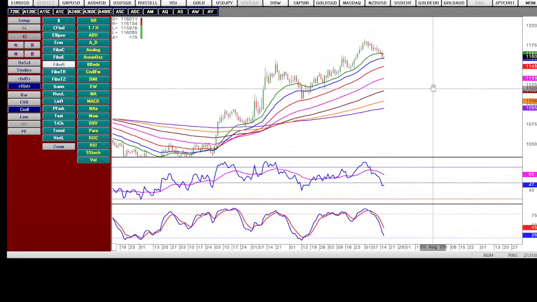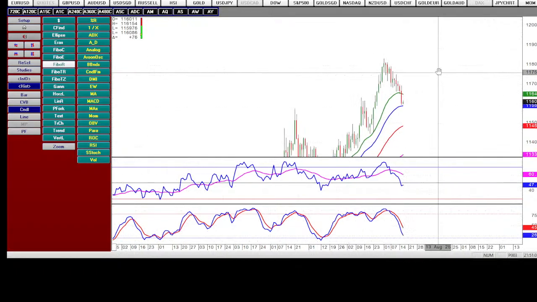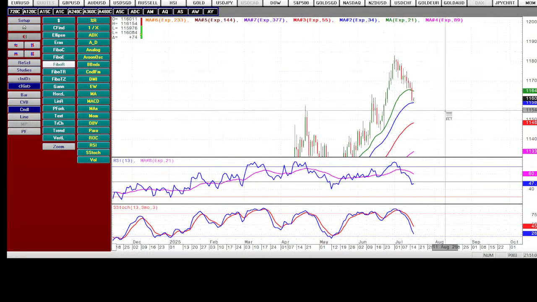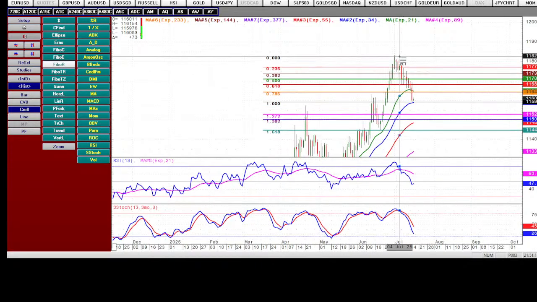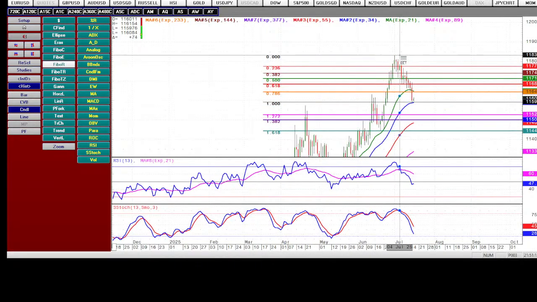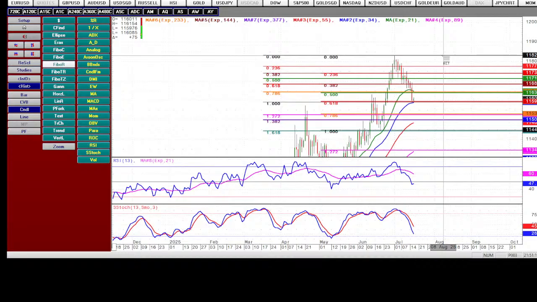Then on the daily, this is still a corrective down, and if we see a projection from here, we should see the price heading towards 115 for today. 11530 and 115 for today.